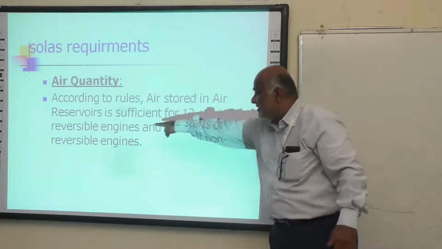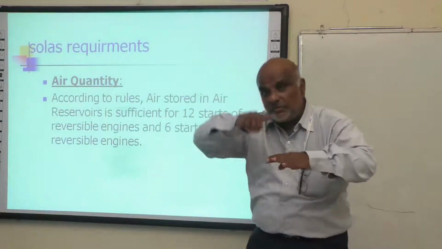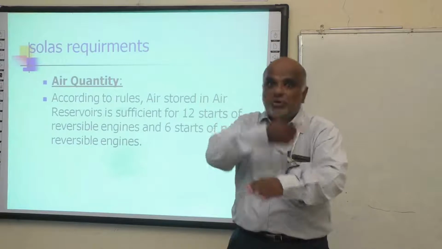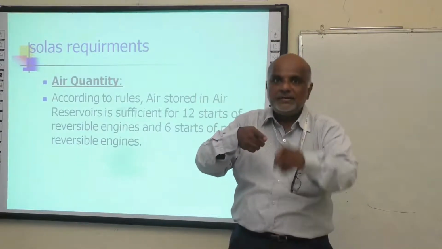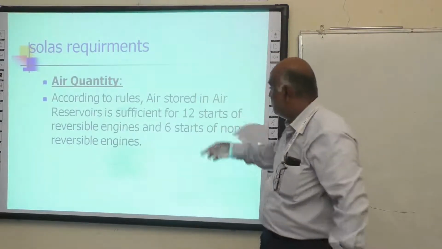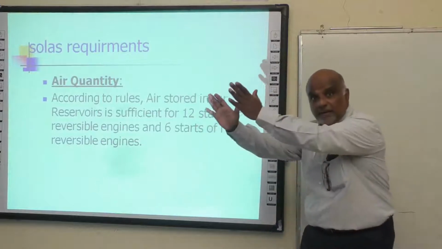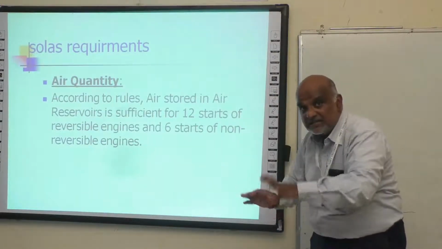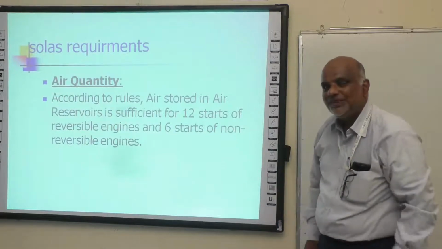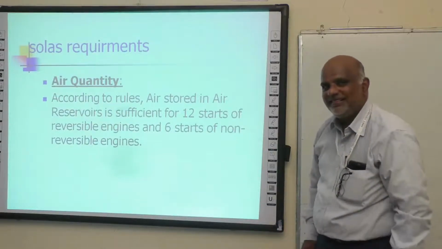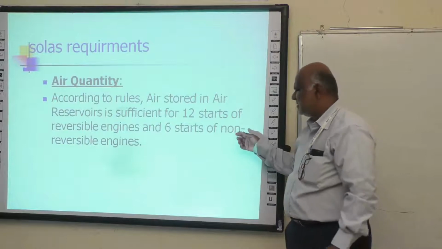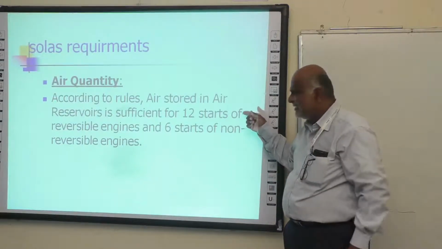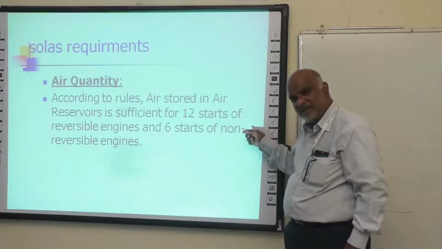Now, if you have an engine which can be made to rotate clockwise, stop, then made to rotate anti-clockwise, for such engines, you must have air sufficient enough to start this engine 12 times. Now, you may ask, sir, can you give an example of a reversible engine and a non-reversible engine?